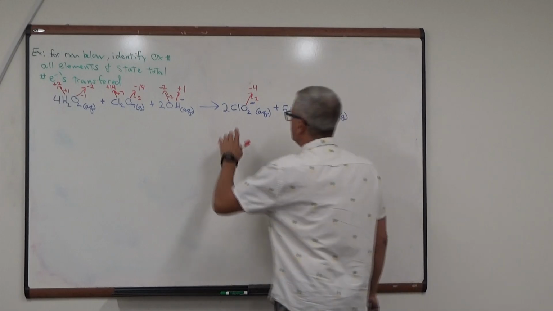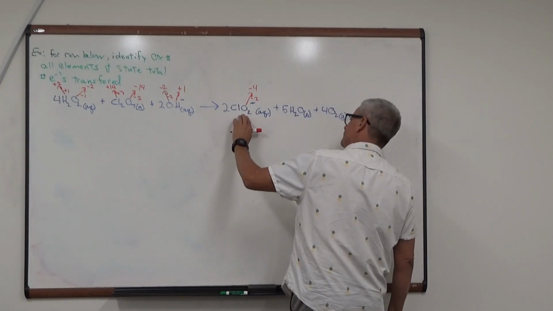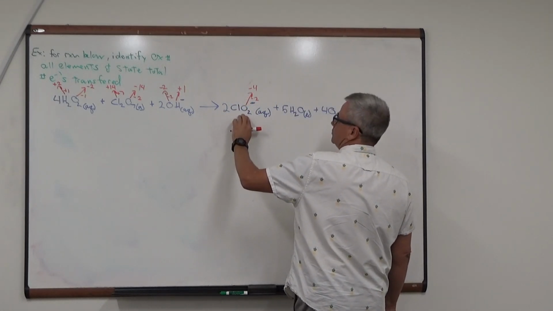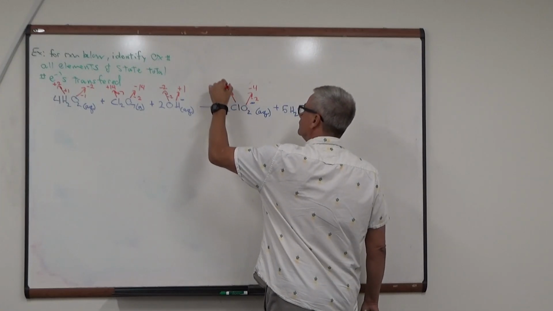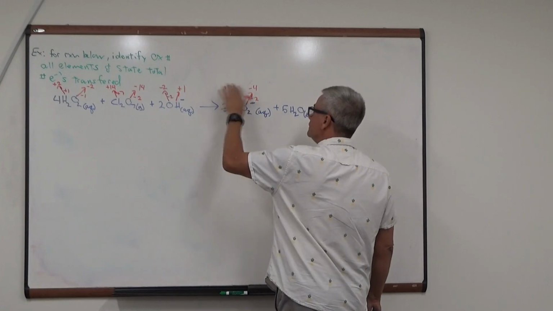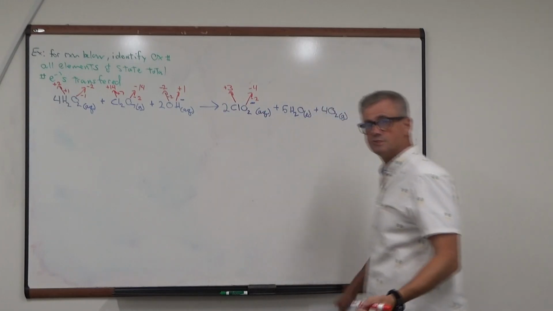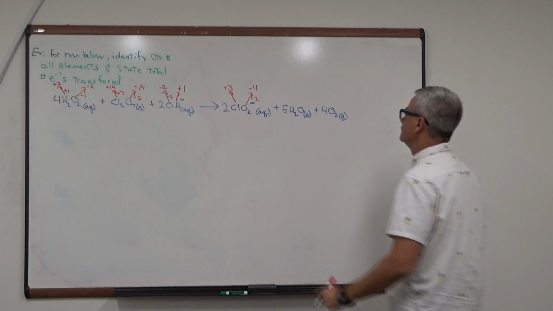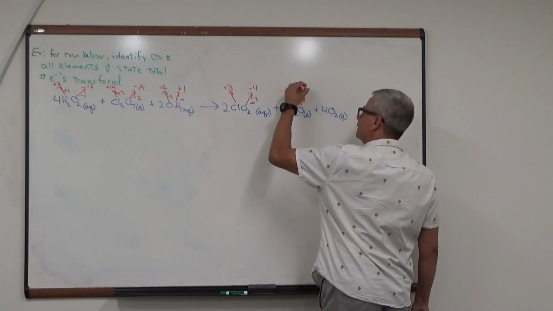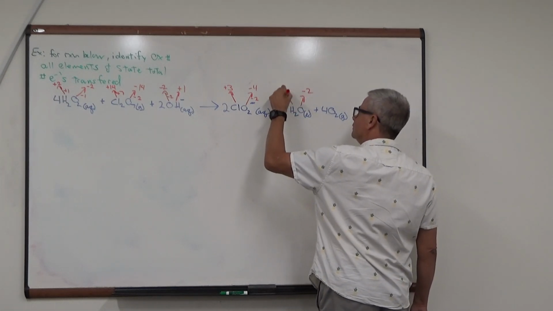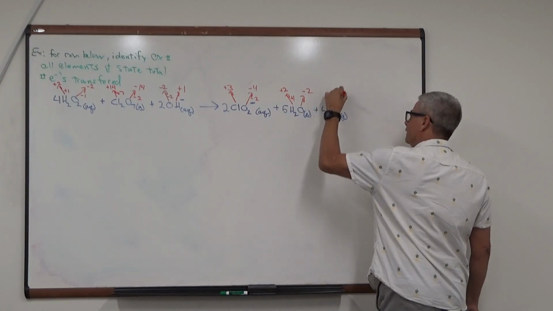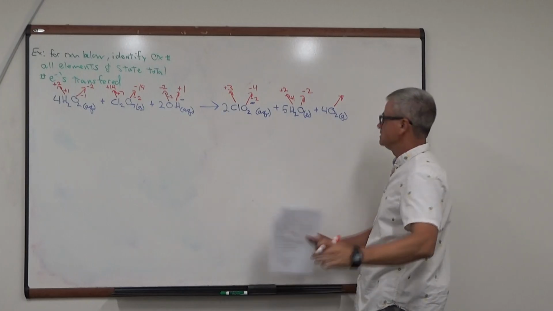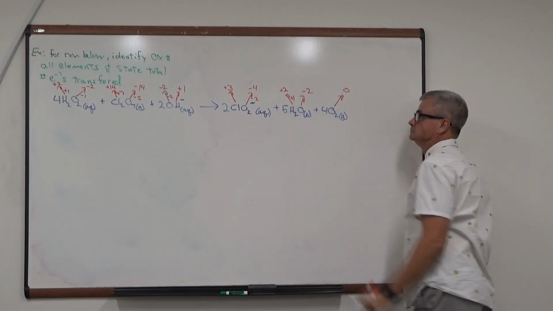Okay, so if the sum of the oxidation numbers for oxygen is -4, then this must be +3. That way when you add them up, you get the overall charge of the polyatomic ion. Okay, water, it's -2, +2, each hydrogen is +1, and oxygen, in its elemental state, is 0.